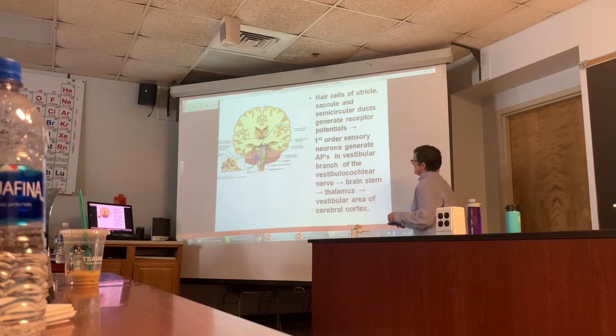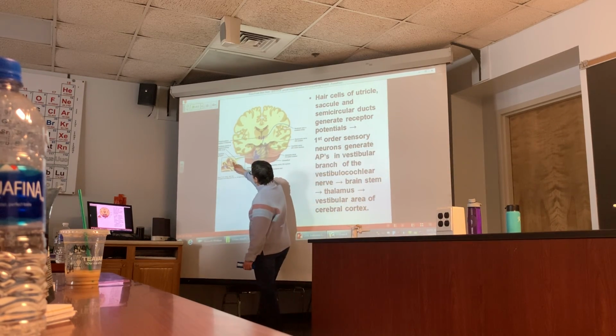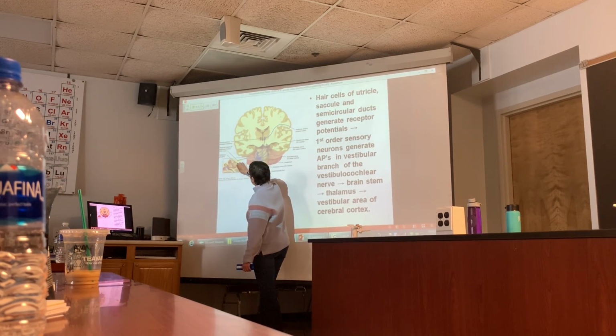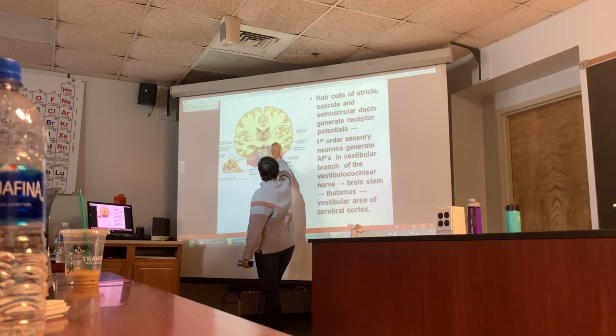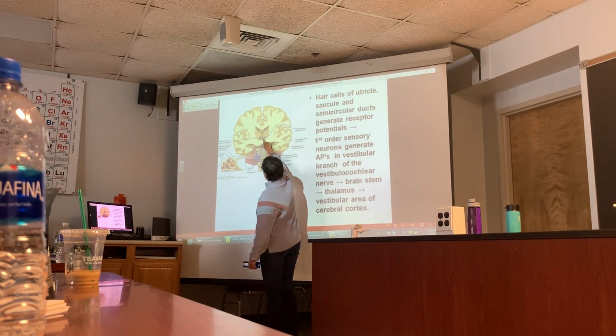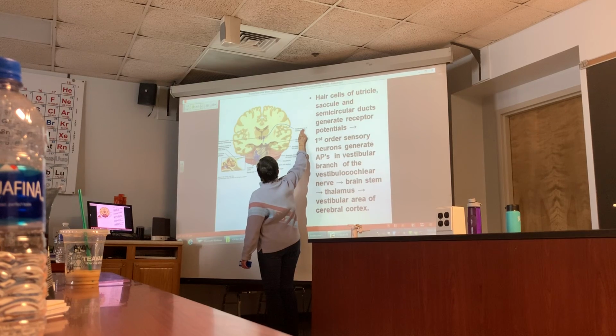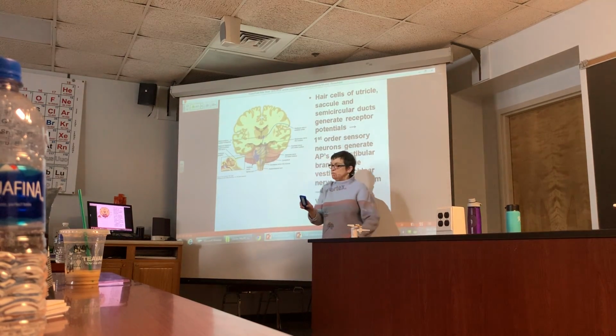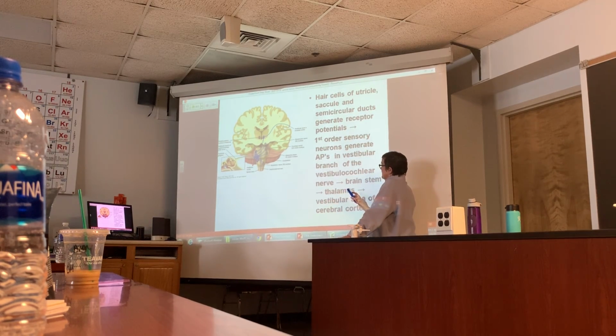And that information gets transmitted, again, the vestibular branch merges with the cochlear branch, and the vestibular branch sends signals to the other side of the brain through the thalamus, so the signals cross over to the opposite side of the brain where your vestibular processing happens in the primary vestibular area, which is near the primary auditory area. We're not going to worry about that, but it's there on the side of the head, close to the primary auditory area.